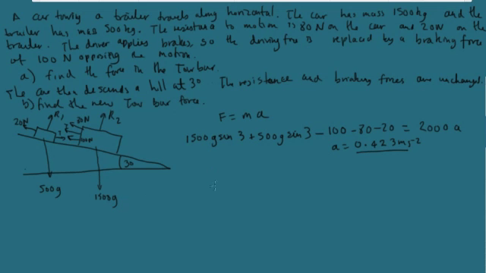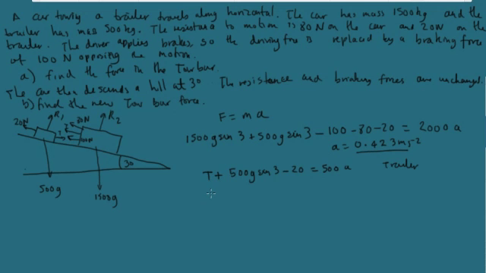So if we deal with the car and the trailer separately, for the trailer we'll have T, which is down here, plus the 500 g sine 3, then the minus 20 must be equal to 500 a, so that's the trailer.